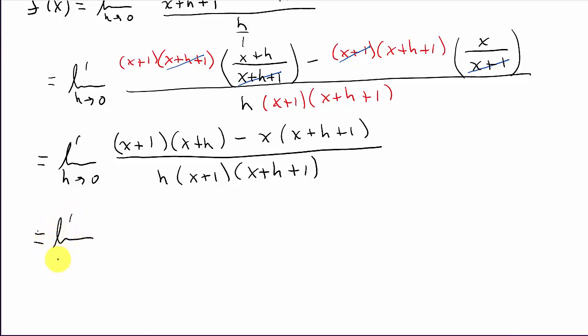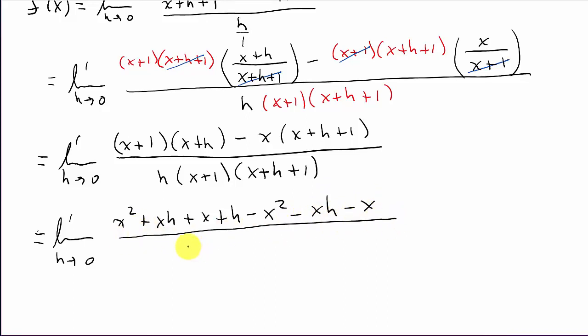Now this one I'm going to have to FOIL. So I get x squared plus xh plus x plus h. And then here I'll distribute the minus x. So minus x squared minus xh minus x, over h times x plus 1 times x plus h plus 1.